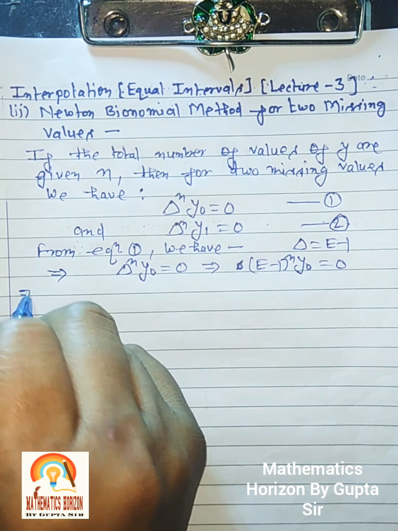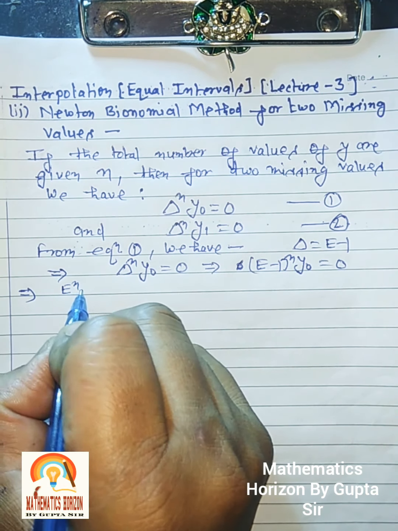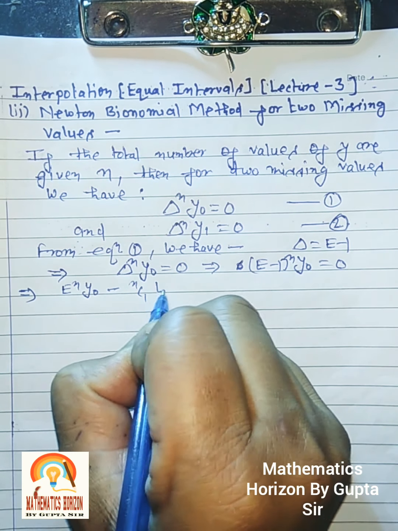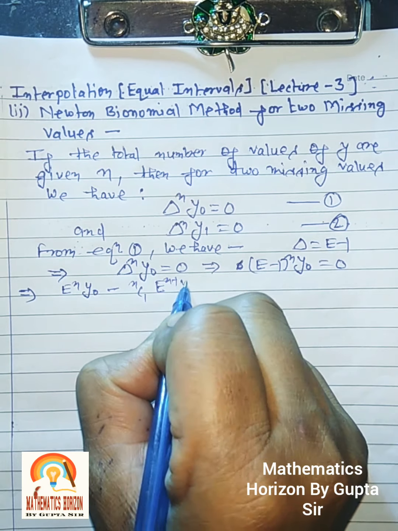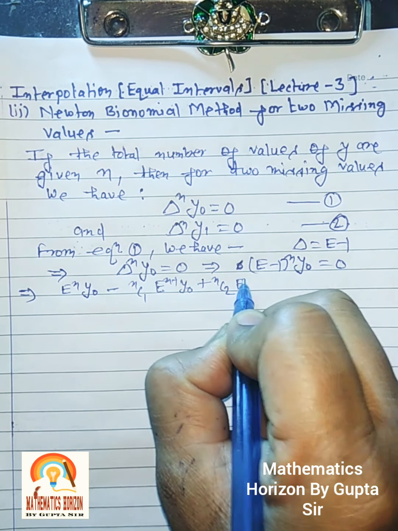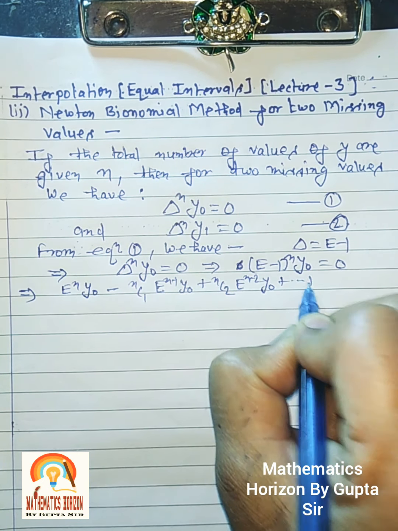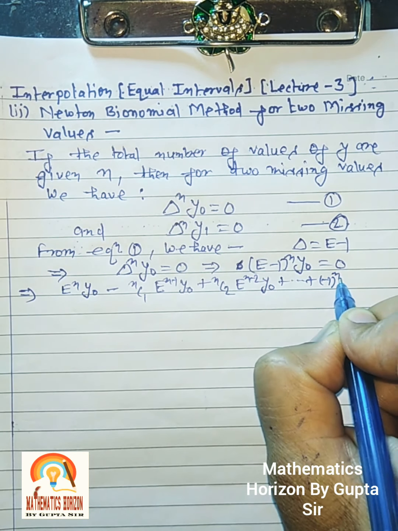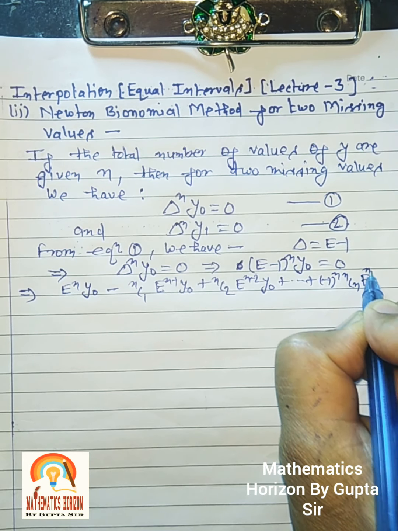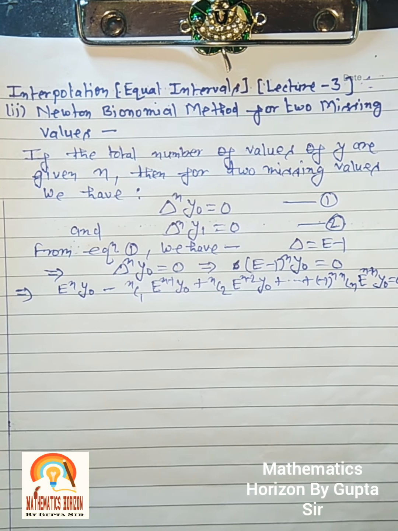Here we get e to the power n y0 minus nC1 e to the power n minus 1 y0 plus nC2 e to the power n minus 2 y0 up to plus minus 1 to the power n nCn e to the power n minus n y0 equal to 0.